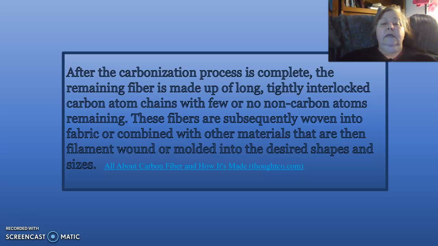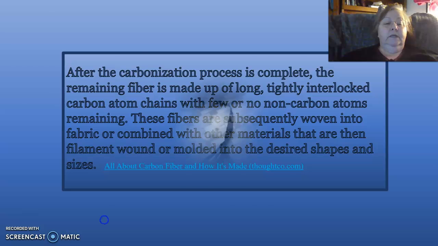After the carbonization process is complete, the remaining fiber is made up of long, tightly interlocked carbon atom chains, with few or no non-carbon atoms remaining. These fibers are subsequently woven into fabric or combined with other materials that are then filament wound or molded into the desired shapes and sizes.